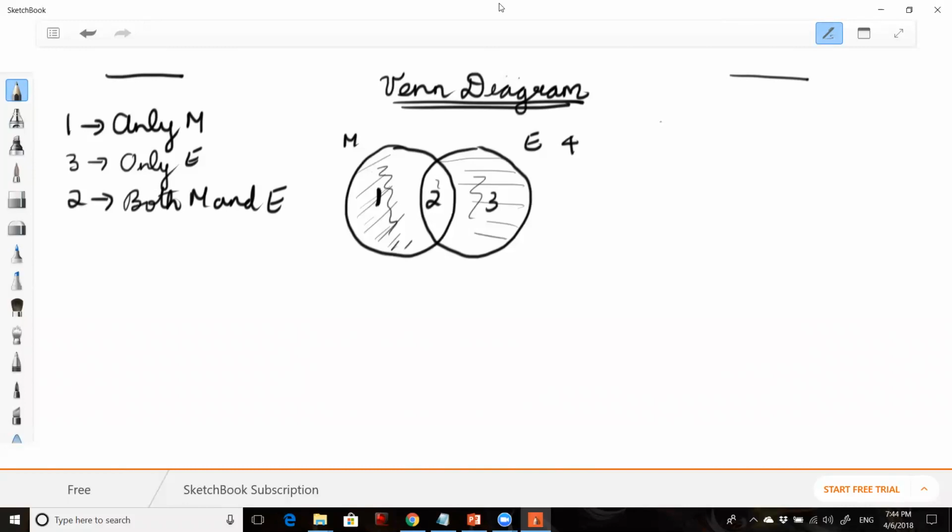And 4, very easy, is a person who doesn't belong to the circles at all, so it's a person who's passed neither math nor English, or failed both subjects. Obviously 1 plus 2 plus 3 plus 4 represents the entire population of that school or college. Now let's do the reverse.